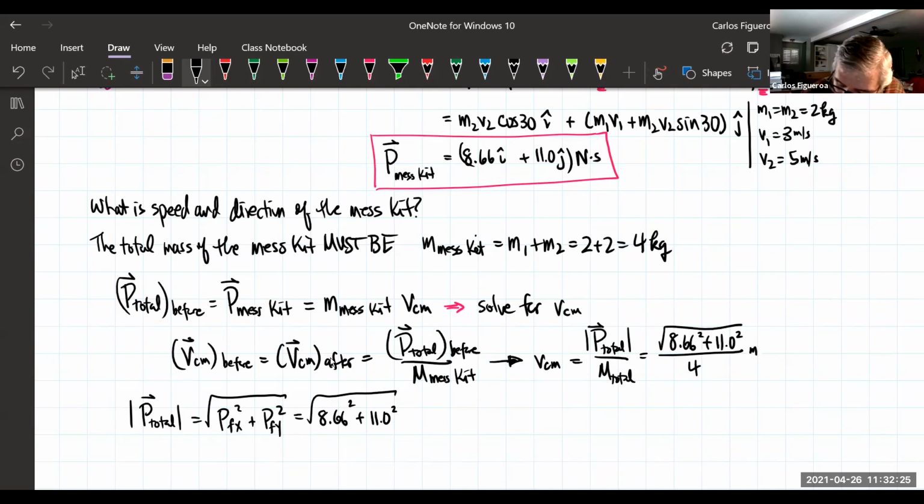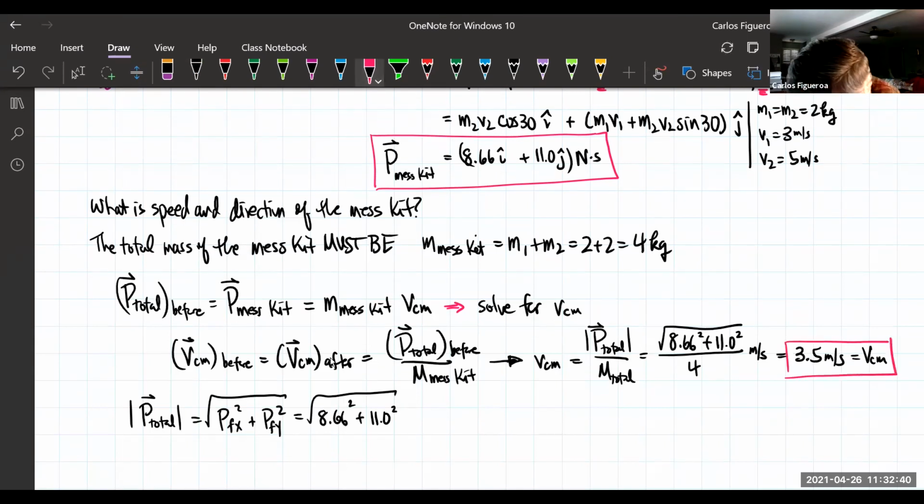So this will give me meters per second. And when I compute this, I get 3.5 meters per second for the magnitude of the center of mass velocity. So now I know what the center of mass velocity is.